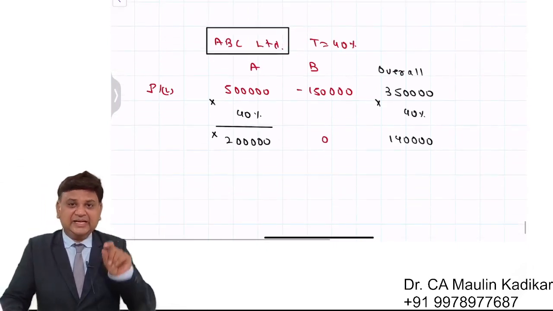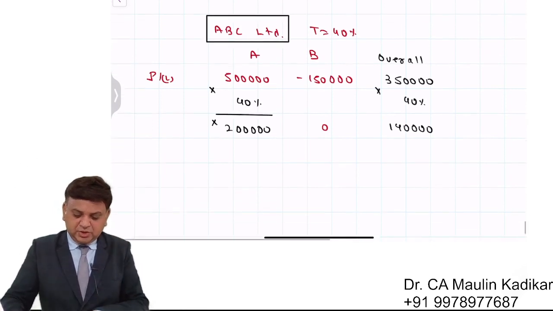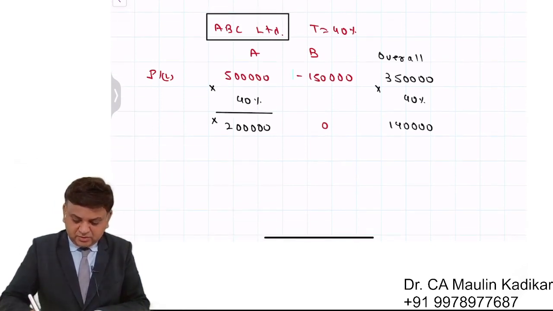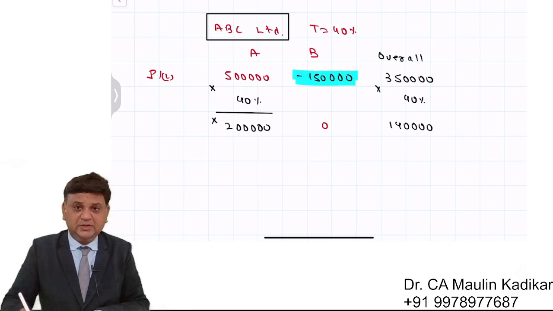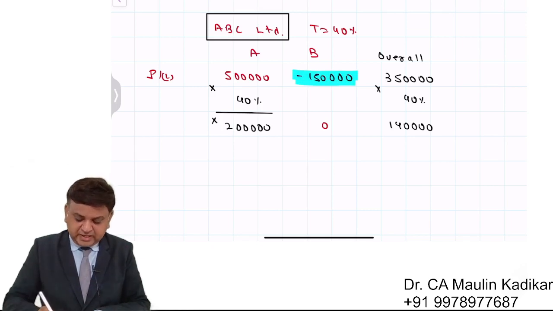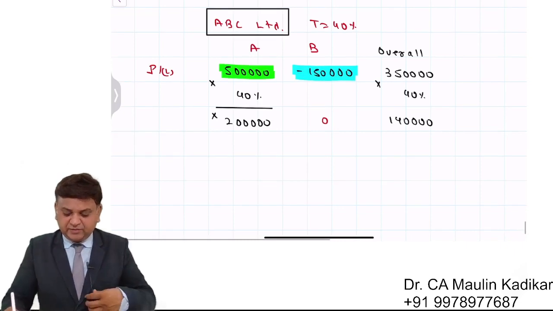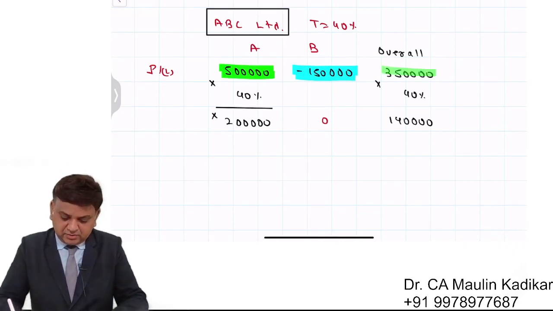Technically, the loss of 1,50,000 will be set off against the profit of 5 lakhs, and you are required to make the payment of tax on 3,50,000.